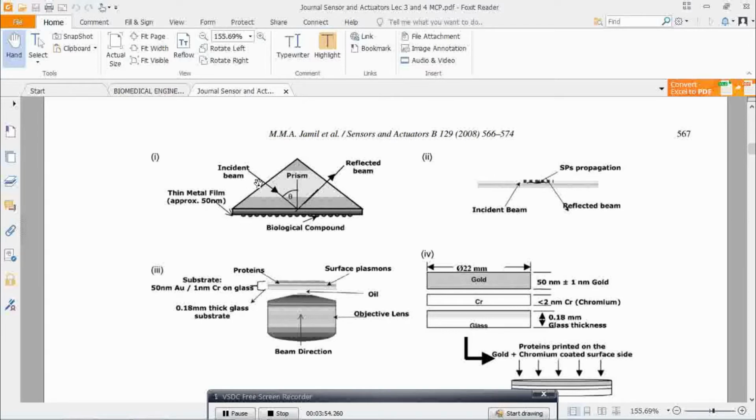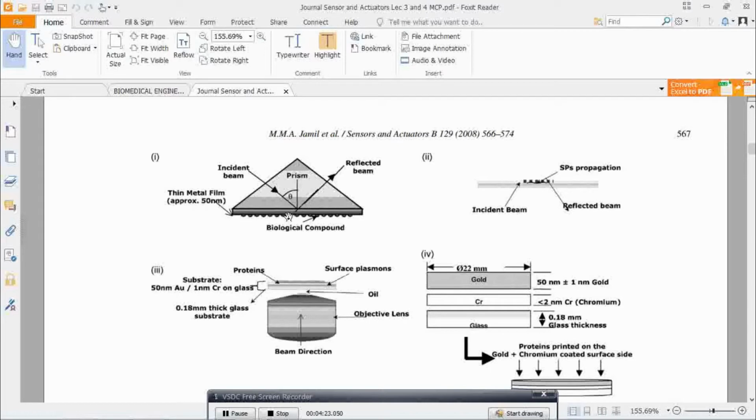So you will have an incident beam at a specific angle. At this specific angle you will trigger the free electrons on the surface, and then there will be charges from electron to electron, so that it will oscillate the free electrons on the surface, and eventually there will be energy decay.